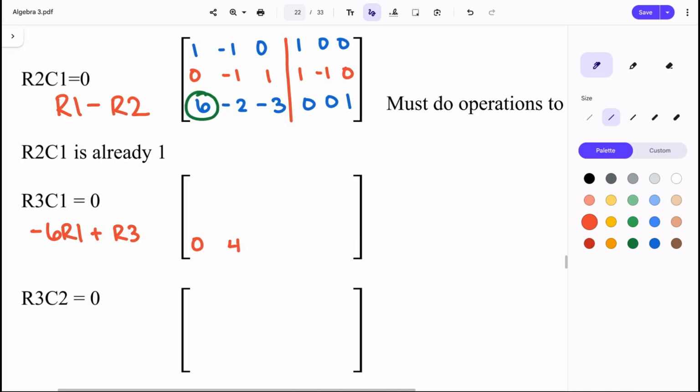Next one. -3. Next one. -6, right? Next one would be 0. And the last one? 1. Everything else stays the same, so I'm just going to copy these numbers down.